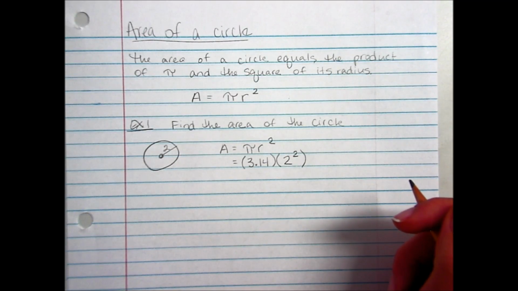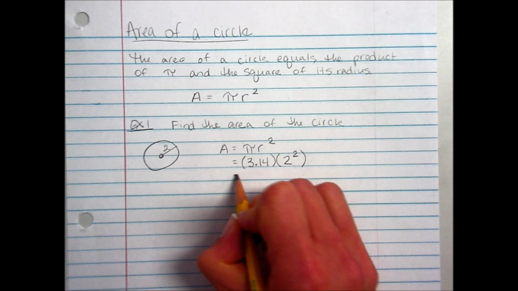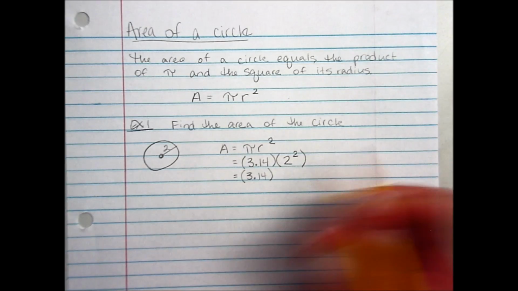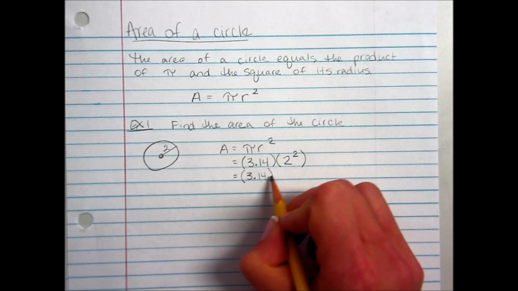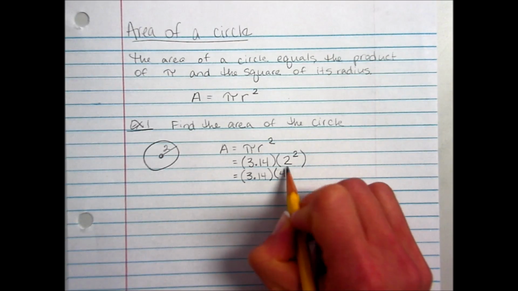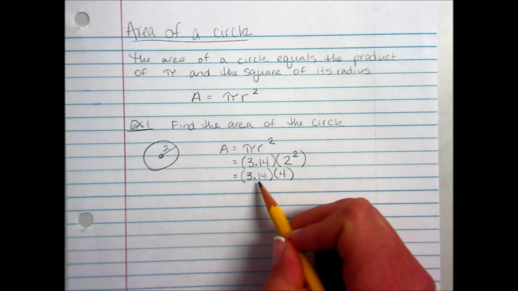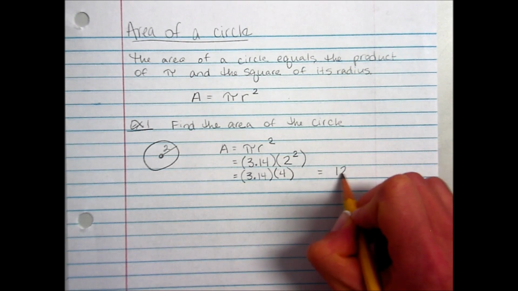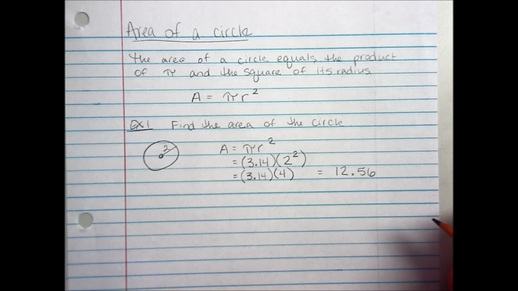So when we follow order of operations, we'll need to do the exponent first. So 2 squared means 2 times 2, which is 4. And then in my calculator, I'll type 3.14 times 4, and I'll get 12.56, 12 and 56 hundredths.